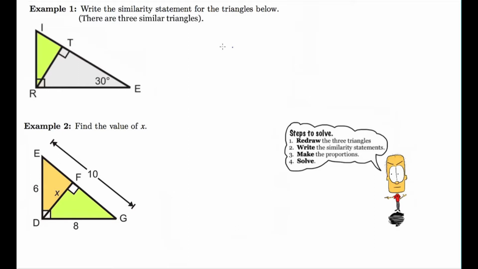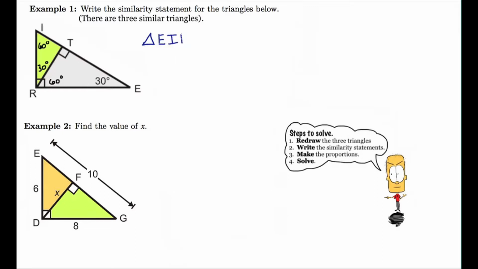Write the similarity statement for the triangles below. You can see the altitude going from the right angle to the hypotenuse of the big triangle. The gray and the light green triangles are the smaller similar triangles inside. So you can see we get three 30, 60, 90 triangles here. Let's do the big one first.